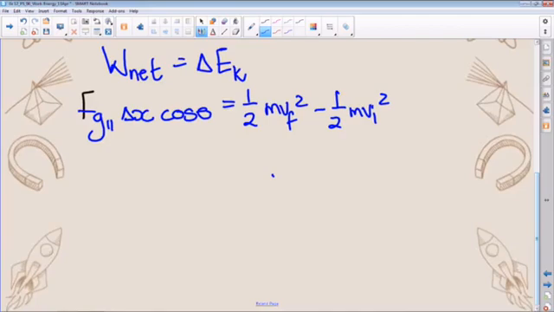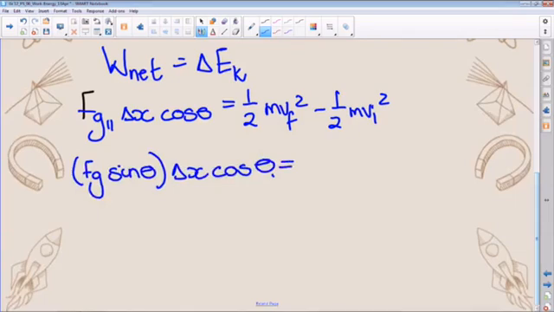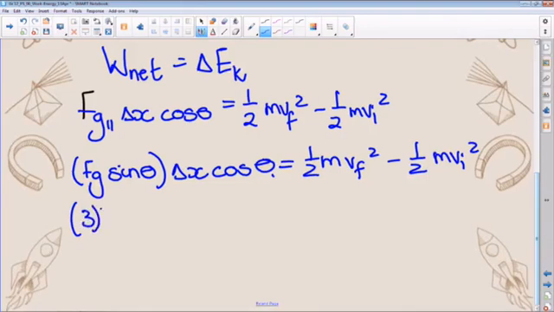So now watch what I'm going to do here. This is actually Fg sine theta, times delta x cos theta. From here, it's now a substitution problem. So Fg is mass times gravity, and the block was 3 kilograms times 9,8, and here it's sine 20 degrees.